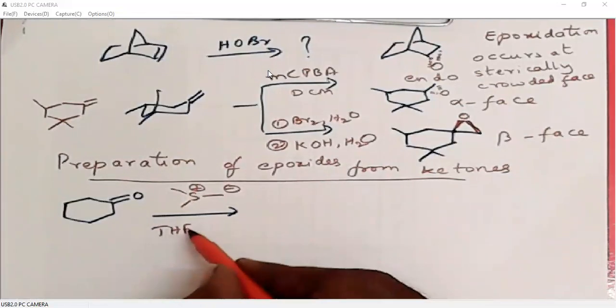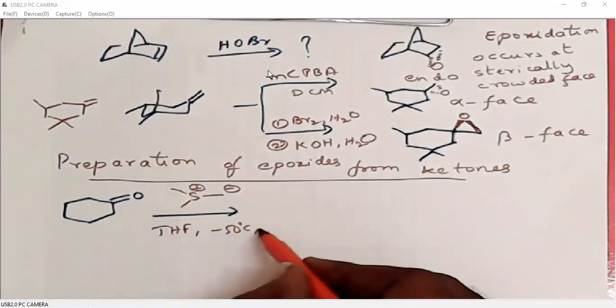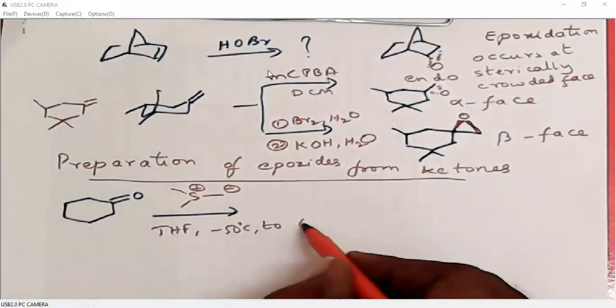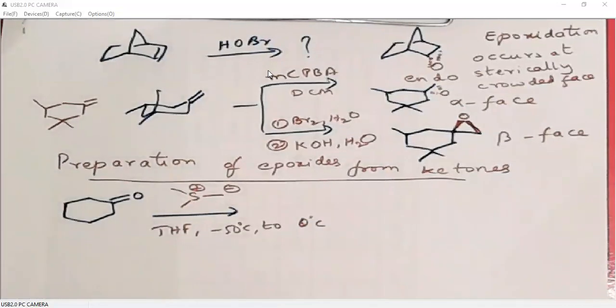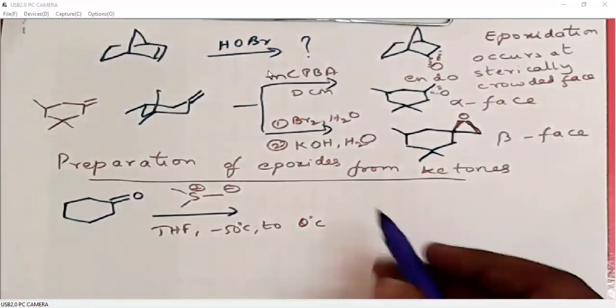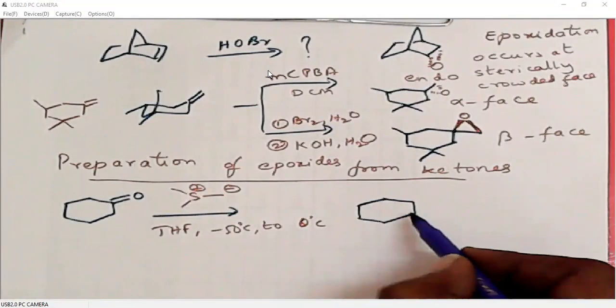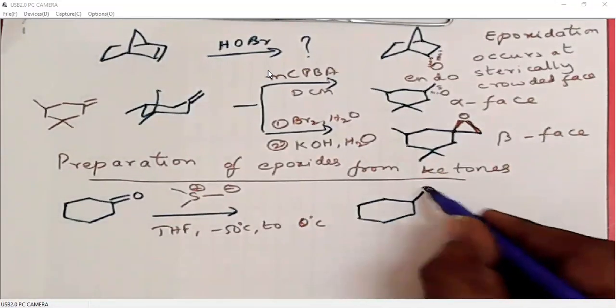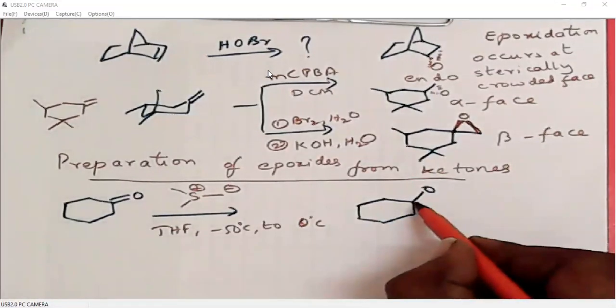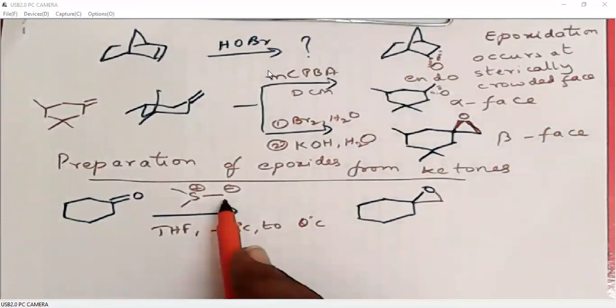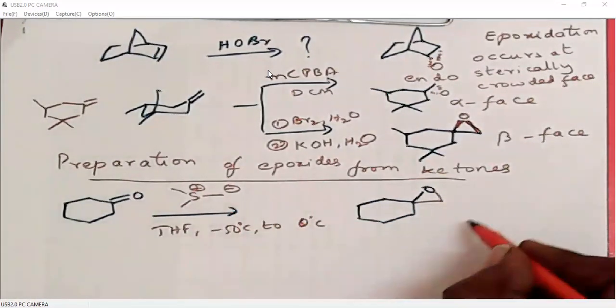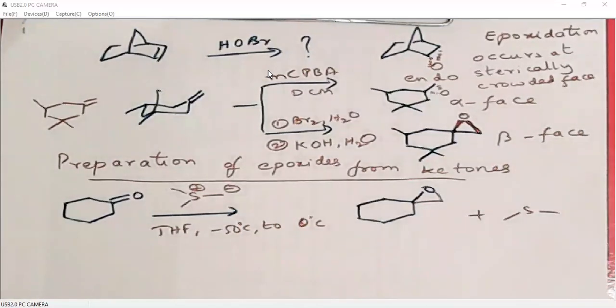When we treat a ketone with dimethyl sulfonium methylide at minus 50 to 0 degrees, it generates an epoxide where one carbon in the epoxide comes from this methylide, and the sulfonium methylide is converted to dimethyl sulfide.